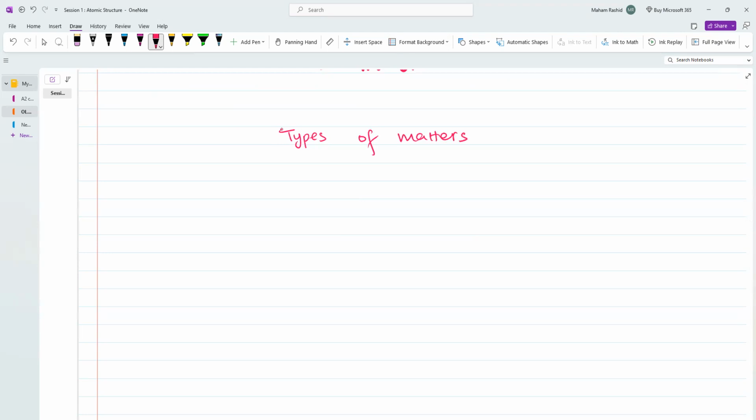Here we have two categories. One is called a pure substance, and the other one is called a mixture. So basically, substances are all things that are pure, do not have any impurities, while mixtures can be pure, but they are with some sort of impurities.